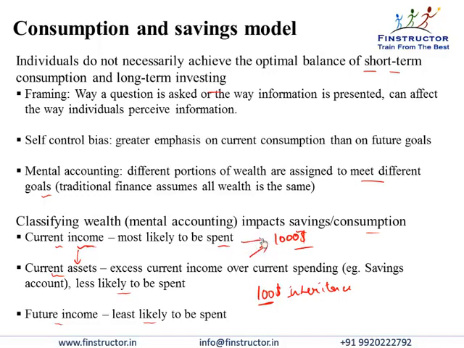Only in the last case or as a last resort would you want to draw on your future income, that is, sell your ancestral house or sell your parents' house to fund this expense. So whatever wealth is classified as future income, or that you're expecting will come to you in the future, is least likely to be spent today.